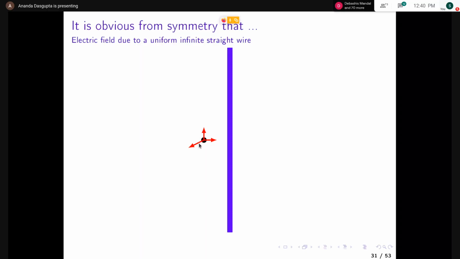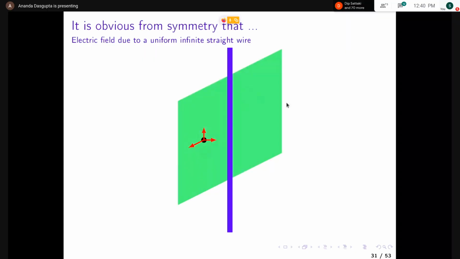And there's one very obvious symmetry there, which is just imagine that there is a mirror which contains the wire, and there are infinitely many planes which contain a straight line. So it's just one of those planes, but the one which passes through my point. So it goes through the black circle here. And imagine that I'm reflecting in this green mirror.